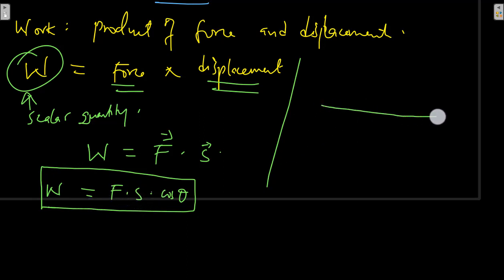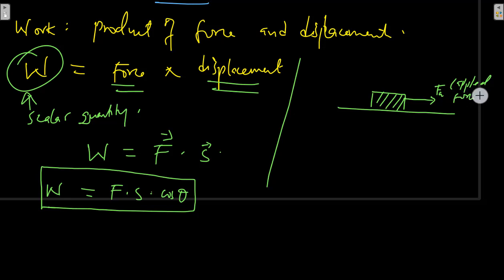Let us consider a surface, and we have an object lying on this surface. Let's assume we are applying a force in this direction, F A. So this is the applied force. Then friction is acting in this direction.